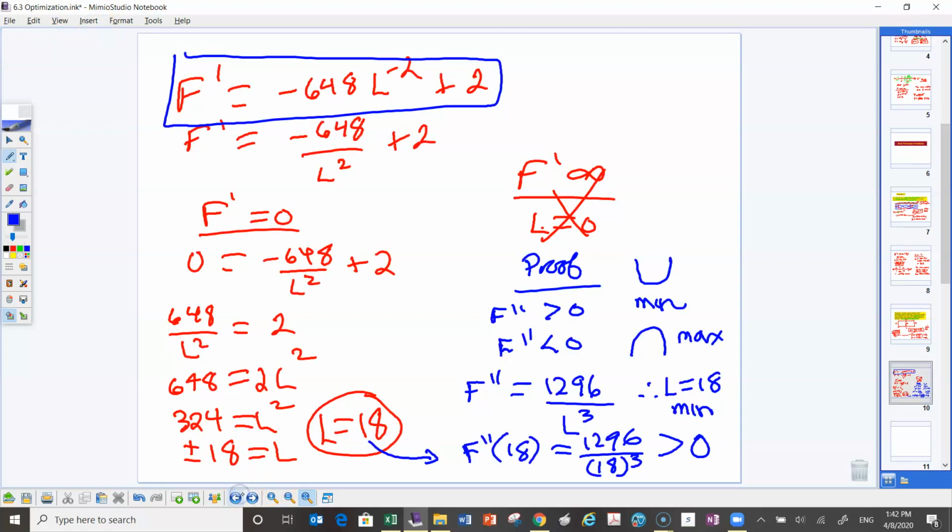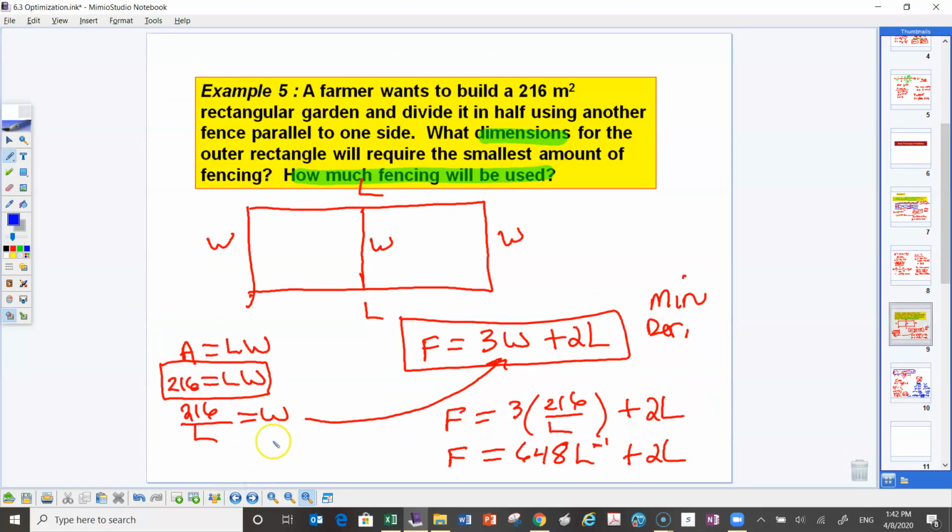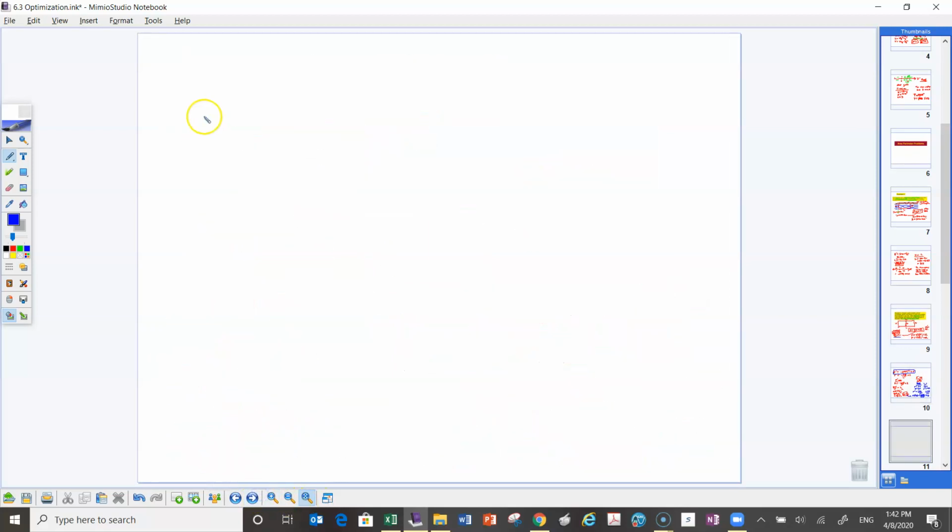So now we have to find the width. And to find the width, I can use this equation right here. So the width equals 216 over L, which is 216 over 18. And if I take 216 and divide it by 18, I get a width of 12.